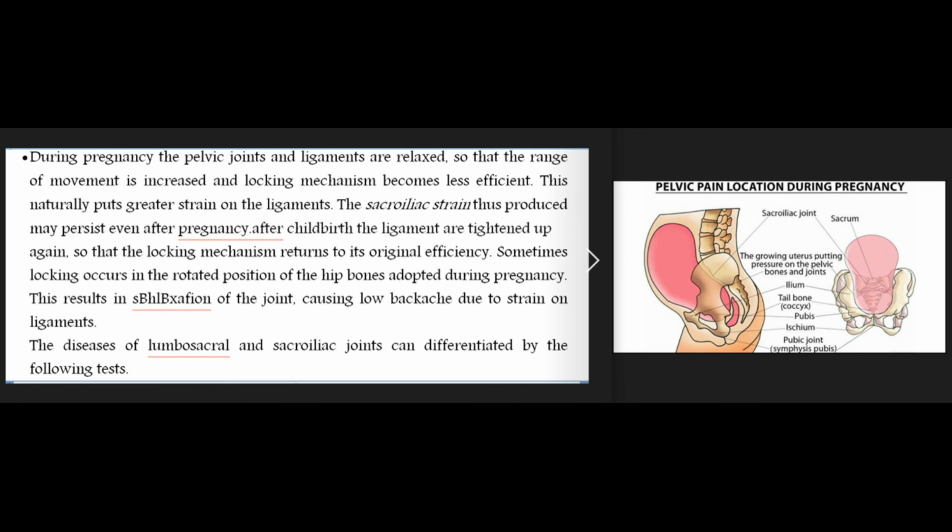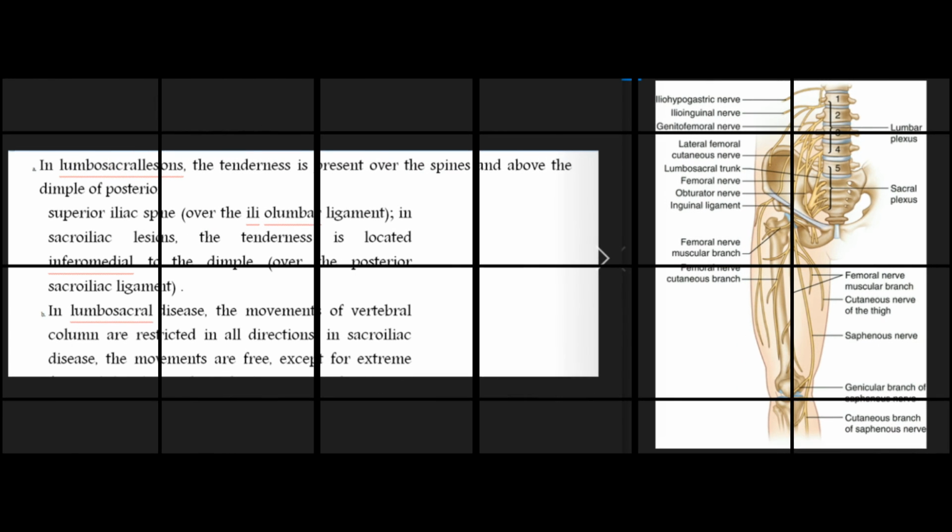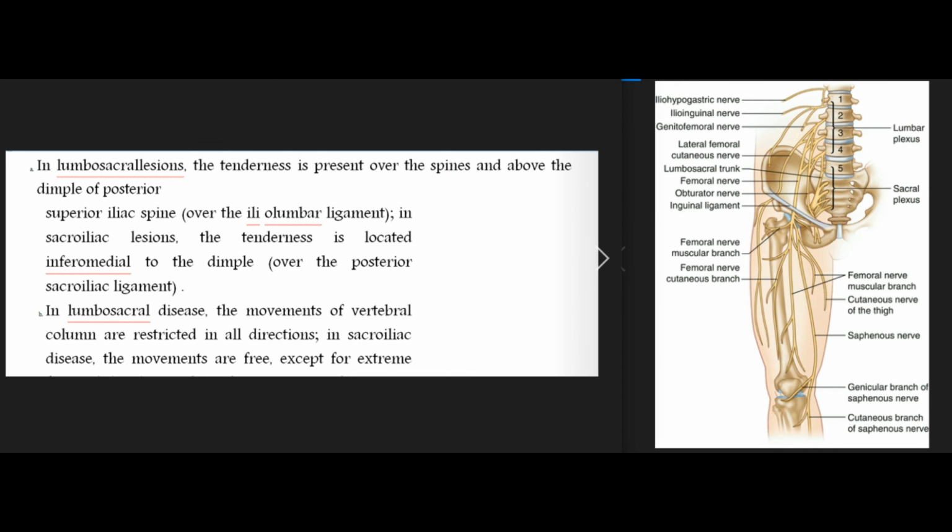The diseases of lumbosacral and sacroiliac joints can be differentiated by the following tests. A. In lumbosacral lesions, the tenderness is present over the spines and above the dimple of posterior superior iliac spine, over the iliolumbar ligament. In sacroiliac lesions, the tenderness is located inferomedial to the dimple, over the posterior sacroiliac ligament.